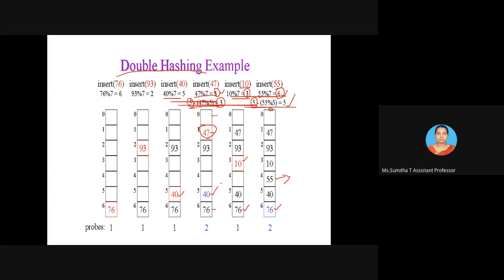R is nothing but the previous prime number of the table size. You have to find the prime number, and with the help of this we can find the value. Once you find the value, we have to move forward from the previous hash function. The previous hash value is 5, the second hash value is 3, so I have to move 3 steps forward. Then I can insert the element. This is double hashing.